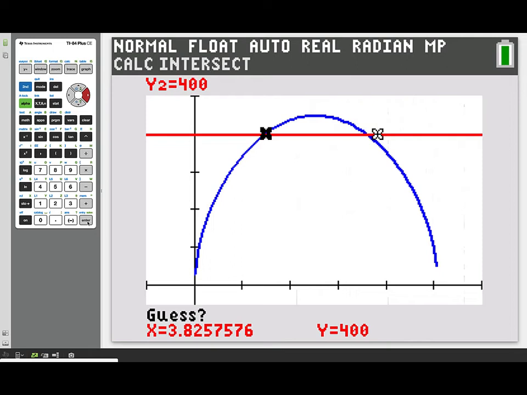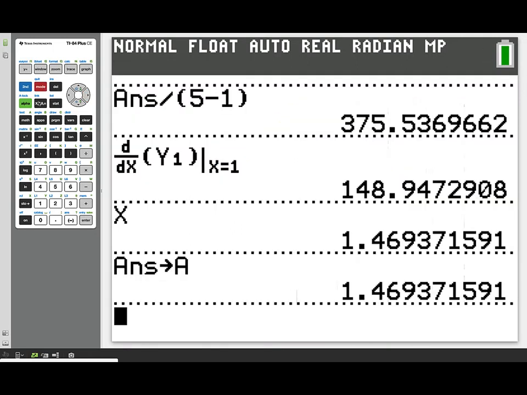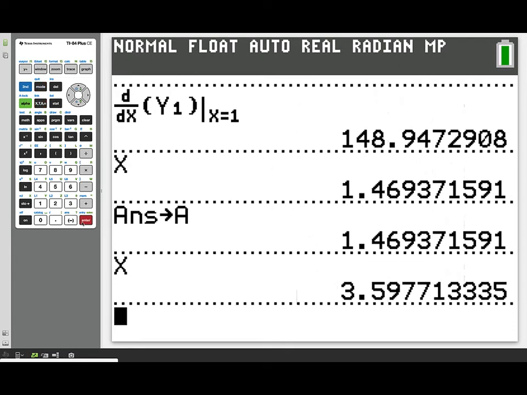It'll home in on the intersection point. There it is. And then if we go back to the calculator screen, ask for the value of x. There it is. That's our second intersection point. And let's go ahead and store that as the value b. So I'll take that last answer, store it in b.